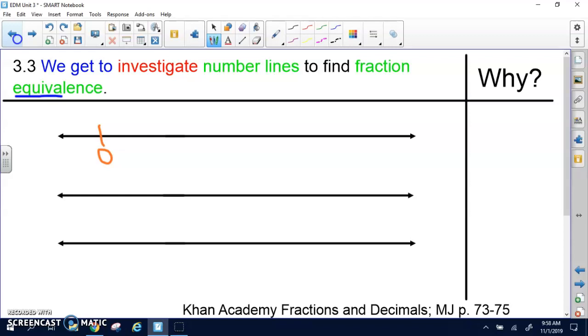In fact, I see about 4 sets of eyes right now out of 26. Okay, 0 is like the starting point. When you count to 1, you're really saying 1 of something. In this case, it's this length of this line right here. Are we okay with that?